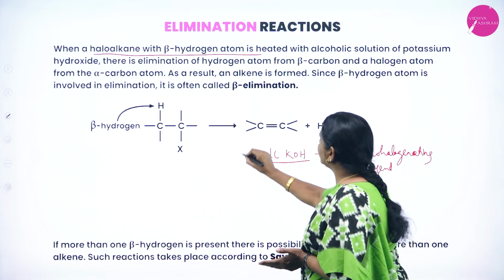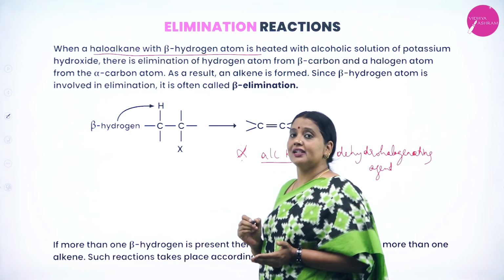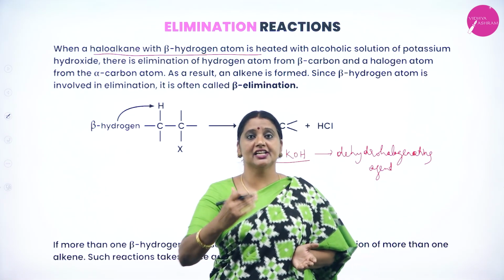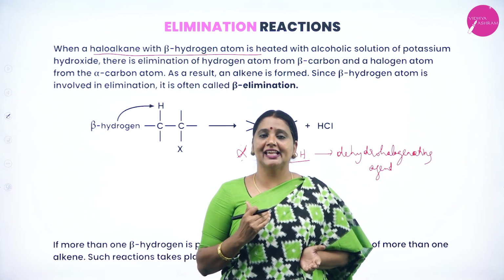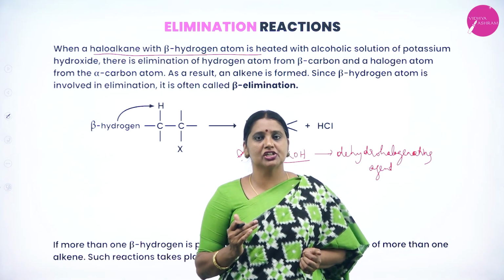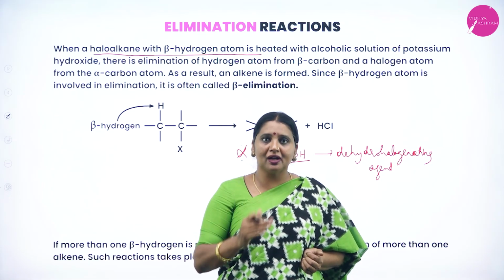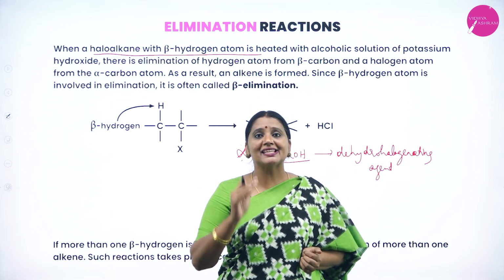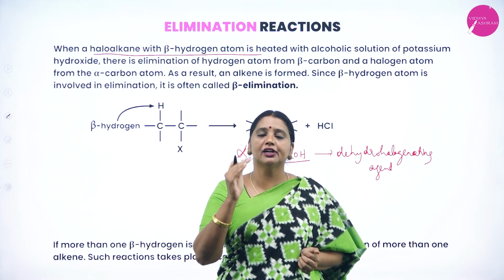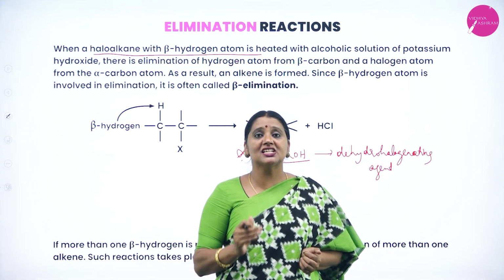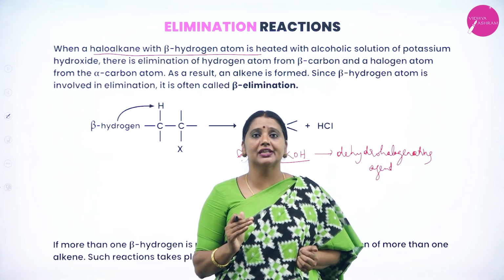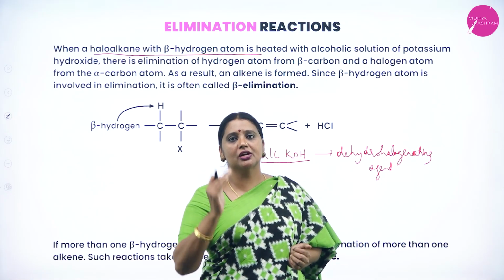One mark, very important question: name a dehydrohalogenating agent. Alcoholic potassium hydroxide. Or, name a reagent which is used in dehydrohalogenation. The reagent used in dehydrohalogenation is alcoholic potassium hydroxide.